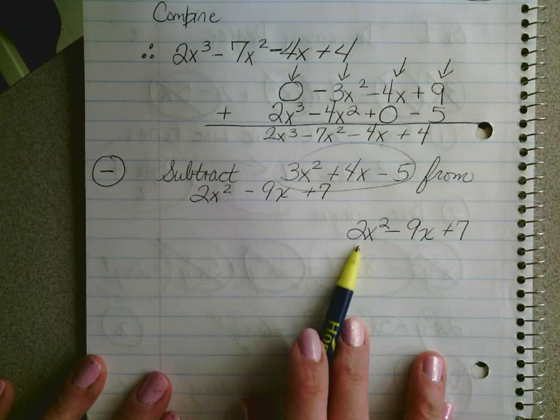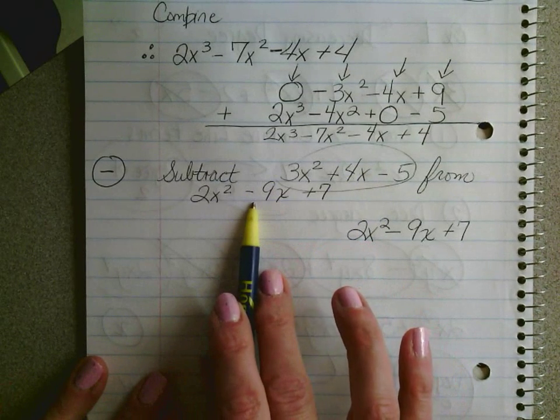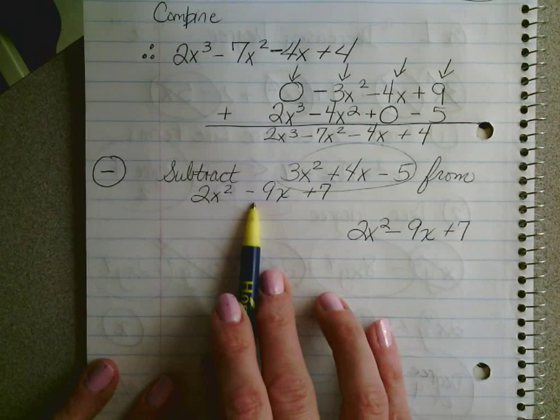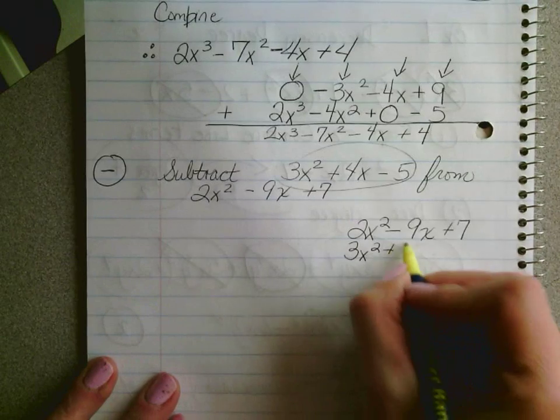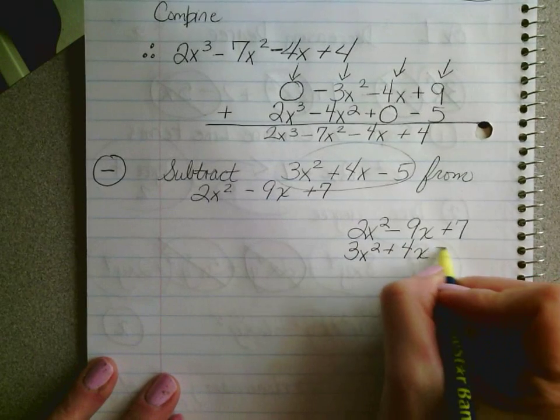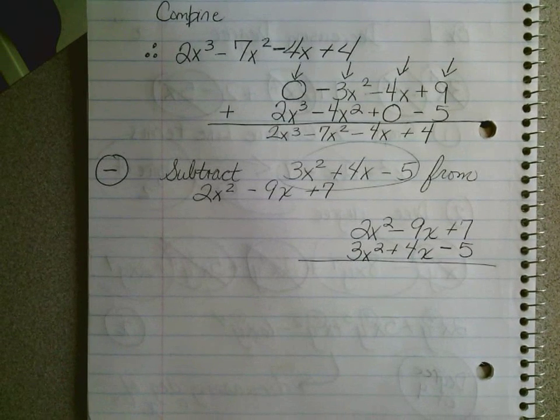Okay? Remove this from this. Which means the subtraction problem is going to have 3x squared plus 4x minus 5 underneath that top component. I cannot stress the importance of this next thing enough.